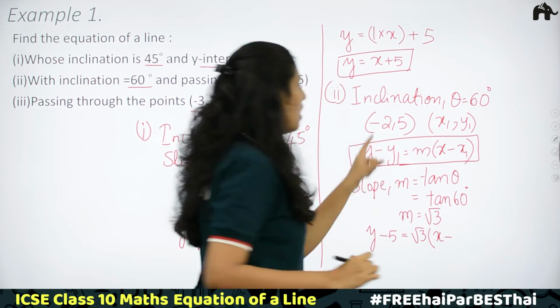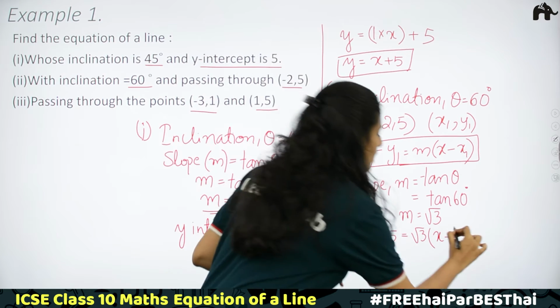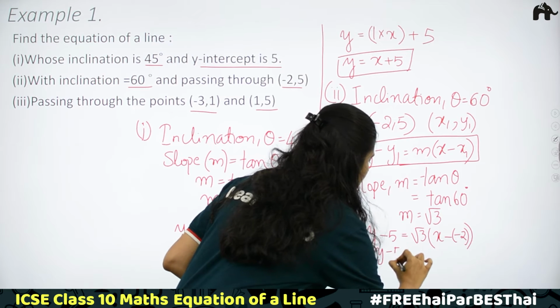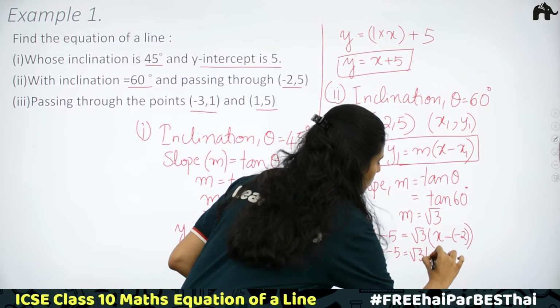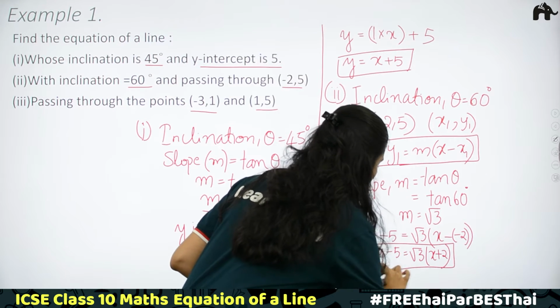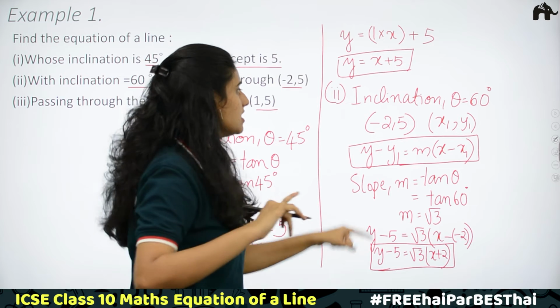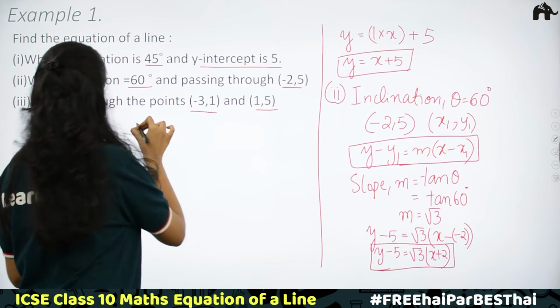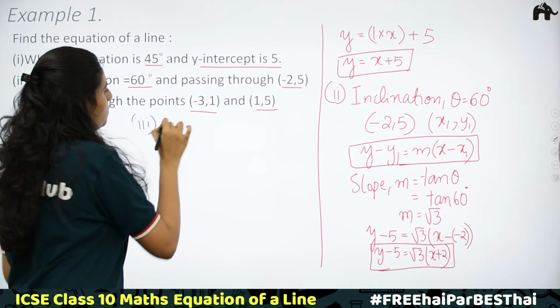X minus of -2. That is y minus 5 is equal to √3 into x plus 2. This is the required equation of line when a point and inclination is given. Clear? Now, in the third question, 2 points are given.